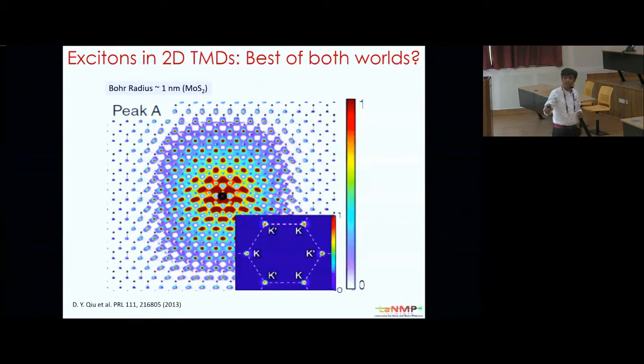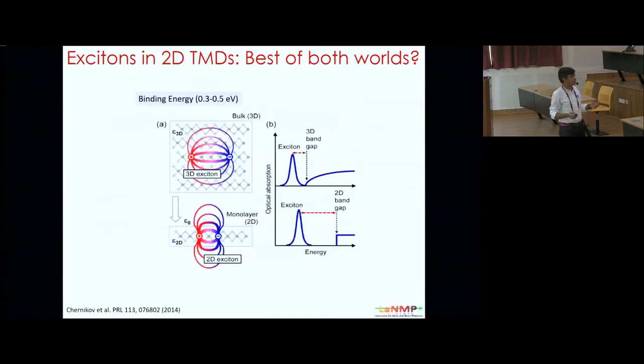This is the momentum space representation of the exciton, and this is in real space. This is one of the excitons in a material which was computed, and you can see that the Bohr radius is about 1 nanometer. So it's much smaller than in gallium arsenide, but it's still bigger than in a typical organic semiconductor, so it is, to some extent, delocalized. So the question is, is it really the best of both worlds? Are we somehow getting the best of organic and inorganic systems in these TMD materials?